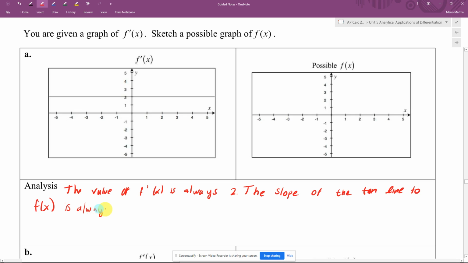So that means it's always the same. It's a constant. It's never changing. This means that the graph of f of x must be a line with a slope of 2.